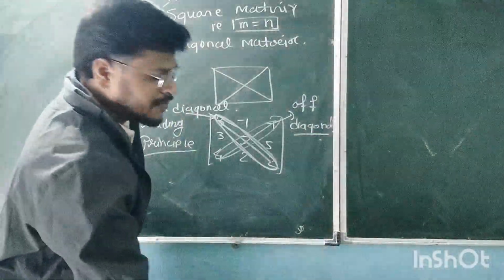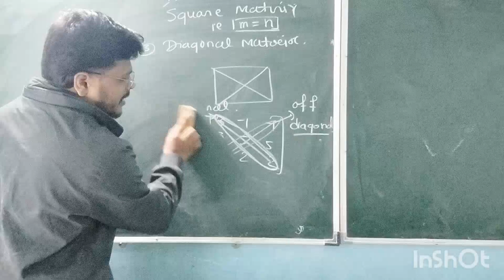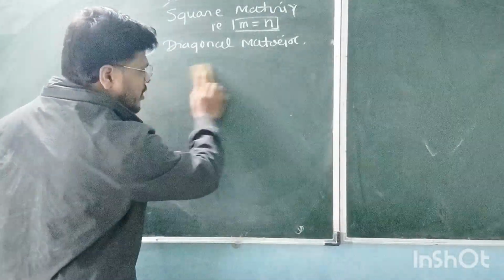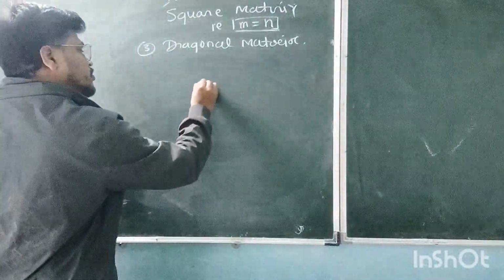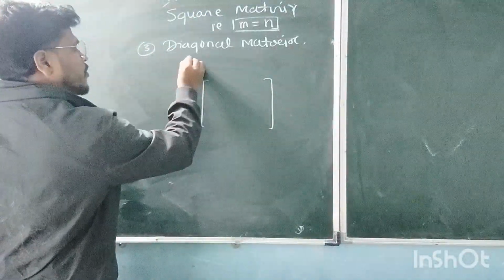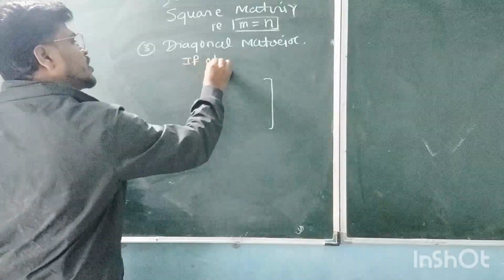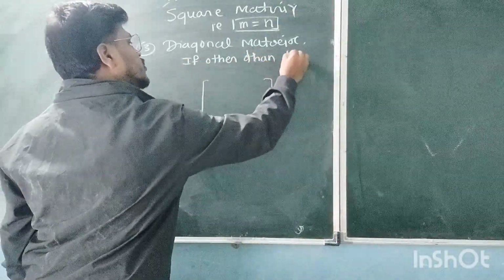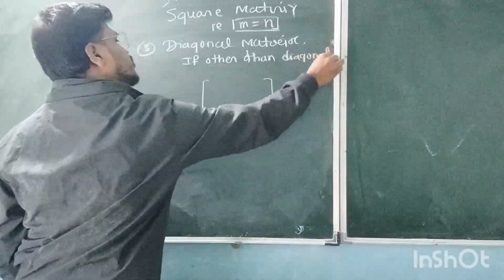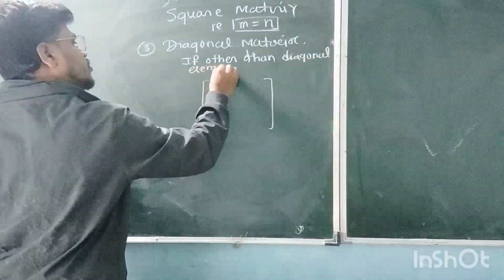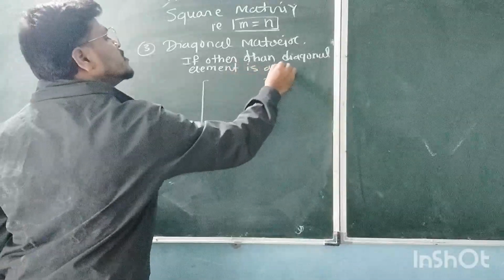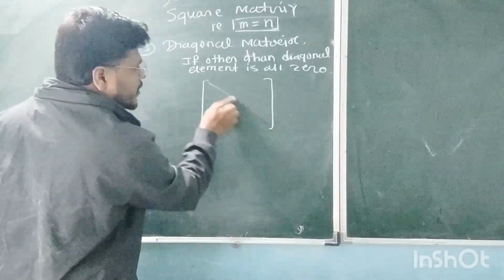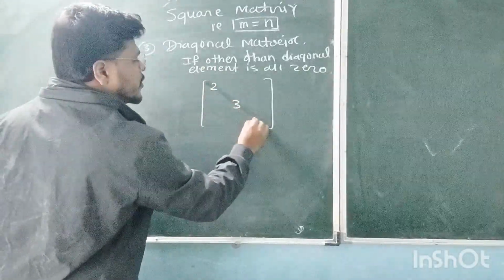What is the meaning of diagonal matrix? If only the diagonal elements are other than 0. Note: if all elements other than the diagonal elements are 0. First, what is the meaning of diagonal elements? These are the diagonal elements, 2, 3, 5.